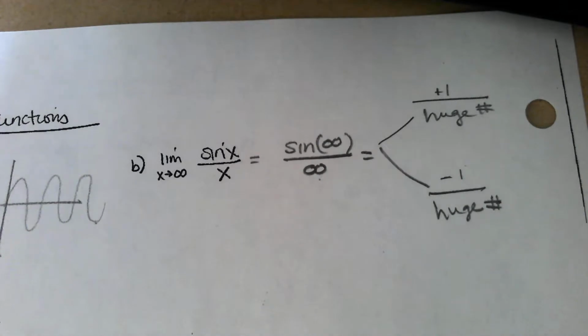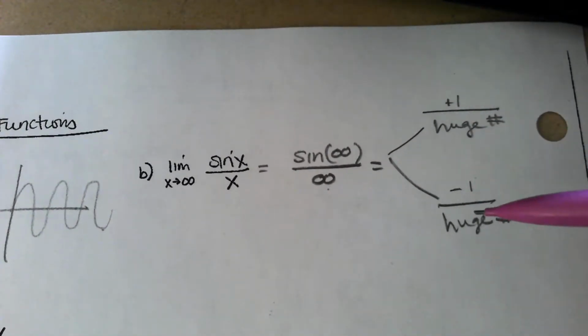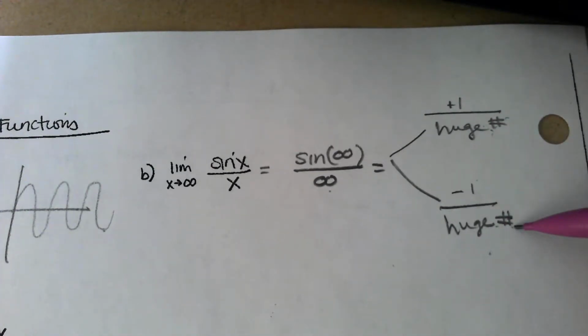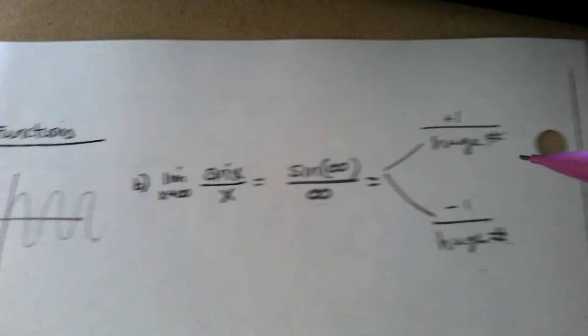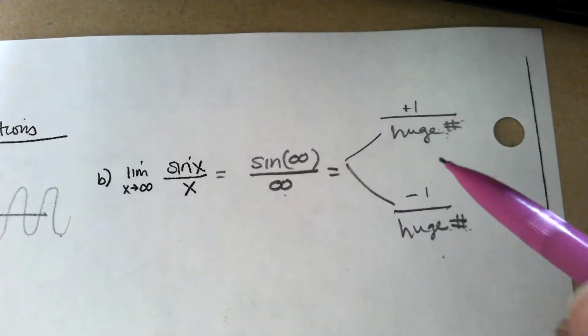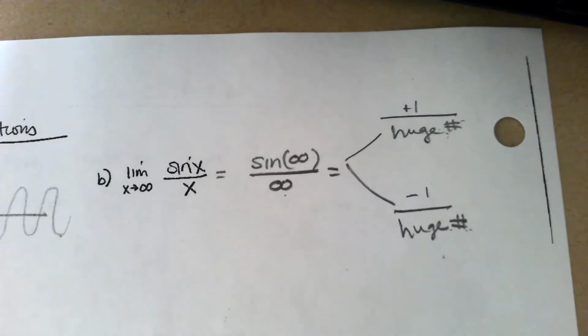So it's going to keep oscillating back and forth between a positive and a negative. But as the denominator gets bigger and bigger and bigger, both of these are going towards, raise your hand, Joseph, 0. So even though the numerator itself oscillates, the denominator is so gigantic that whether it's 1 or negative 1, it doesn't really matter. It's getting closer and closer to 0.